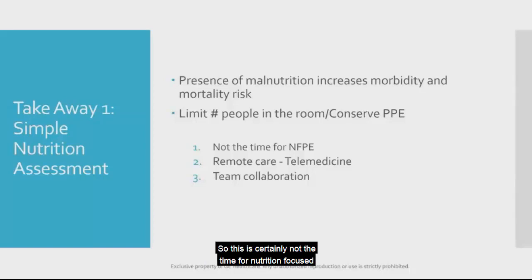So this is certainly not the time for nutrition-focused physical examination. This is the time for taking advantage of opportunities to provide remote care or telemedicine, and certainly relying on team collaboration.